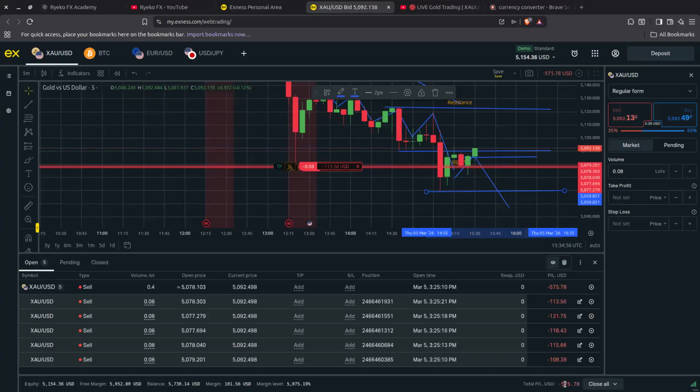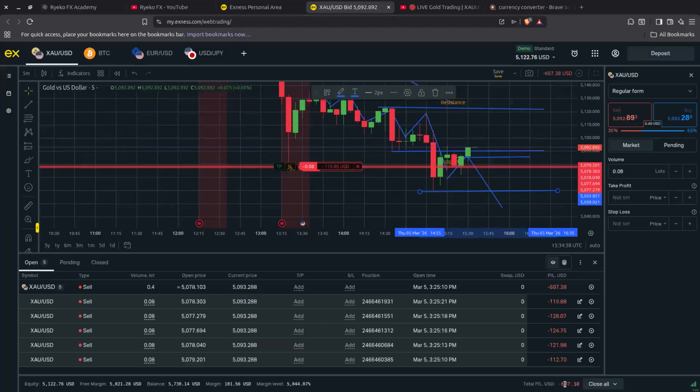And what we are doing now is swing trading. It has closed above. See, the market is going against us.